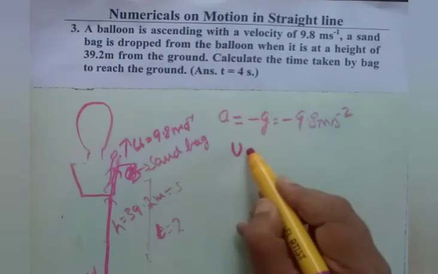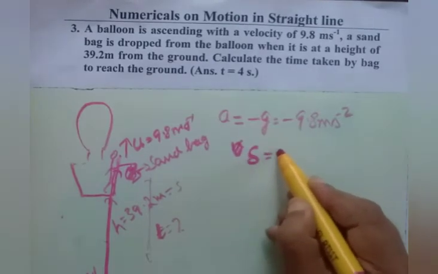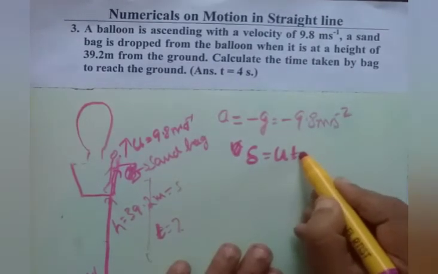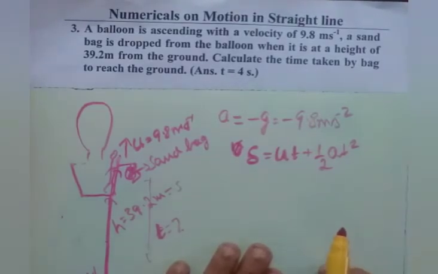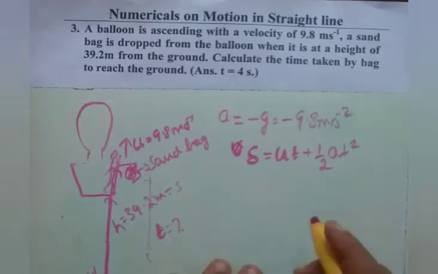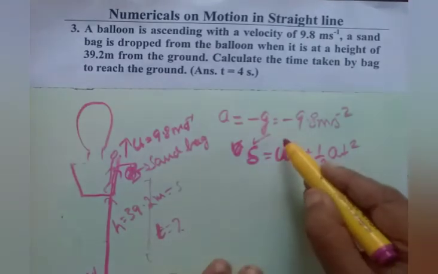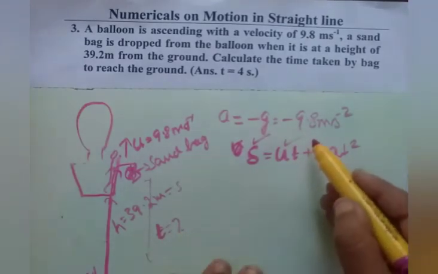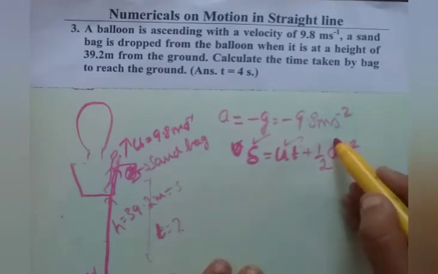I write all the three again, or else if you can remember, I can use now s is equal to ut plus half at square. Observe, in this problem there is no need for any conversion because all of them are in SI units only. Here S is known, h 39.2, u is known, t to be calculated, and a we know, minus.